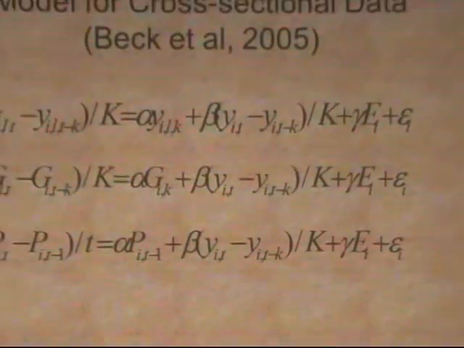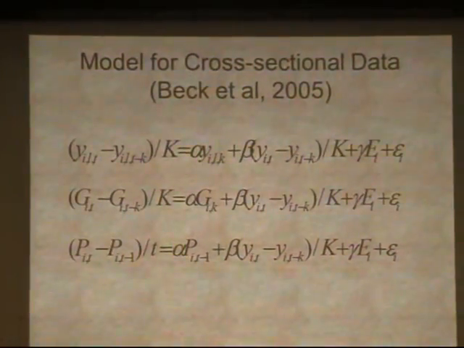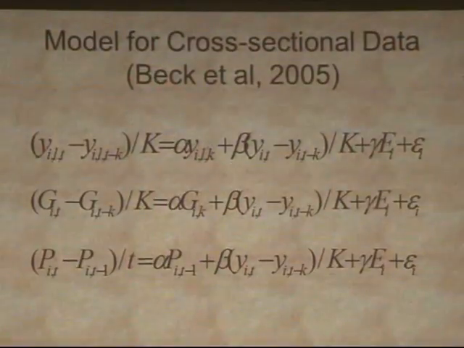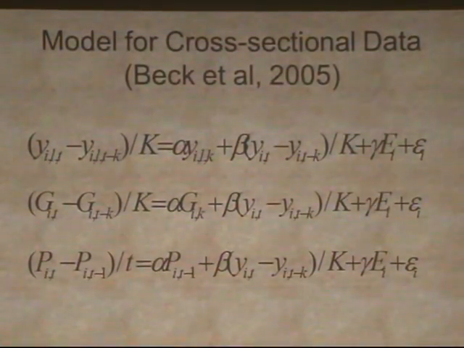I take two models. For the first model, I have followed Beck et al. 2005 in the Journal of Economic Growth. Actually, Beck et al. studied SMEs, but I replaced SMEs with entrepreneurship here.